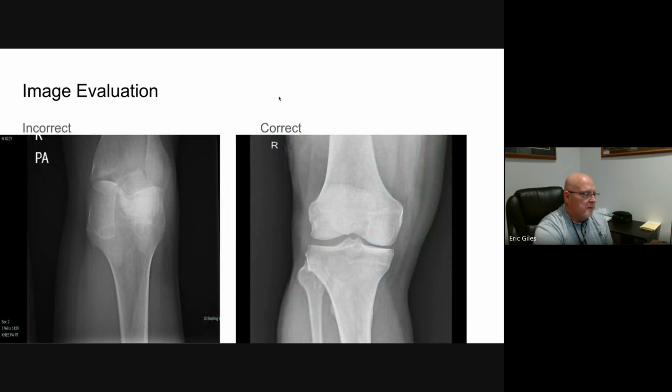Okay, here's one more. This is a knee x-ray, and this one was taken in one of our clinics. I don't know where, but you can note that it came up upside down, right? We've got the femur going down right here, and we've got the proximal tib fib going up. We know that femur or knees need to be hung from the hip.